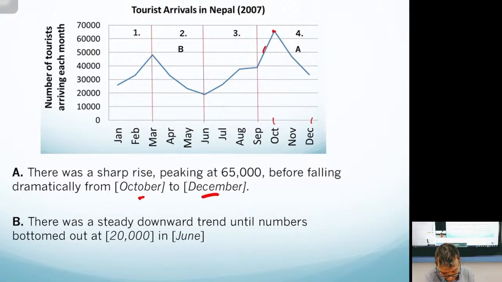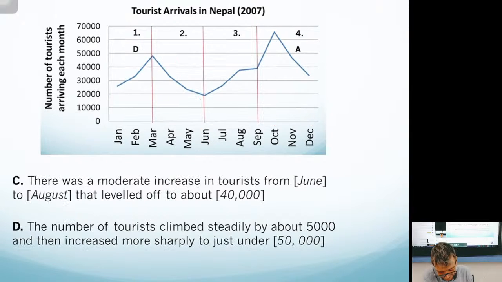It's this part. There was a steady downward trend until the numbers bottomed out at what value? At 20,000. What date was that? It was June. Okay, so we got that's B.